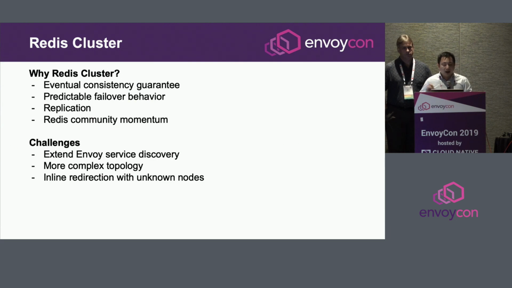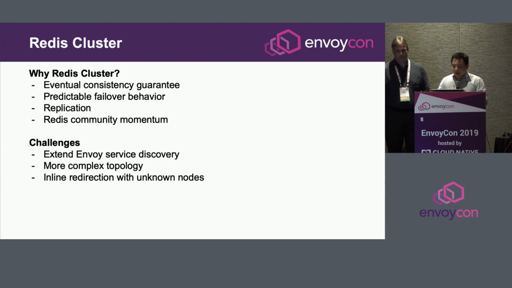And to come with the Redis cluster protocol, we have a more complicated topology, especially when we want to support things like replications. Now, we don't just have a flat list of nodes. We have primaries, and we have replicas. We have concepts of slots and shards.